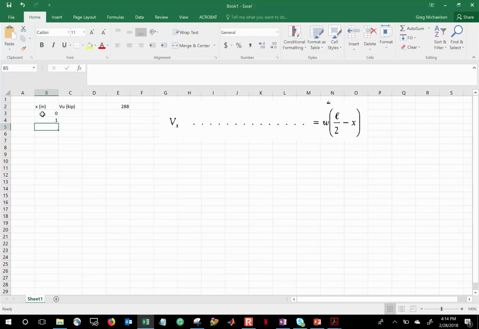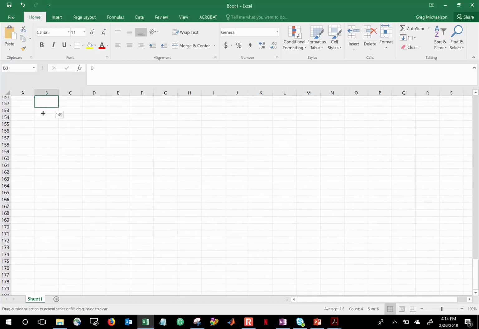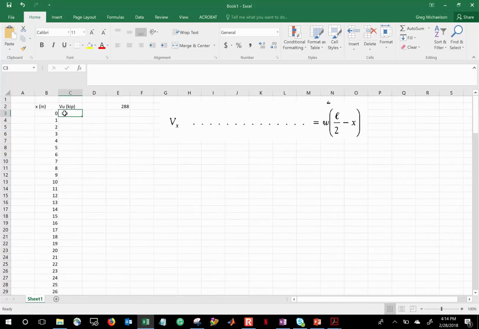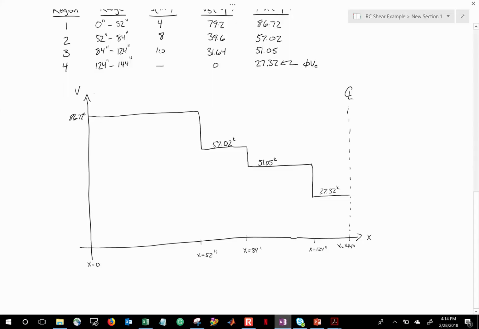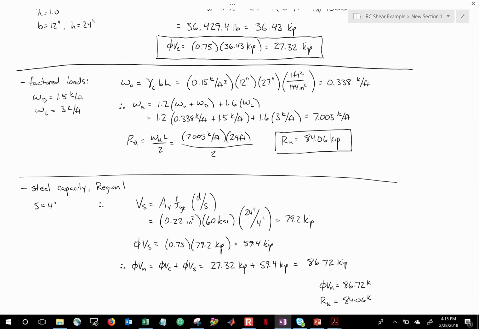So 0, 1, 2, 3. And let's go all the way to 144. Let's just plot for half the beam. Okay. So equals, so let's plot our shear. So what we'll need is W. If you recall, we already computed W here, and W was right there.